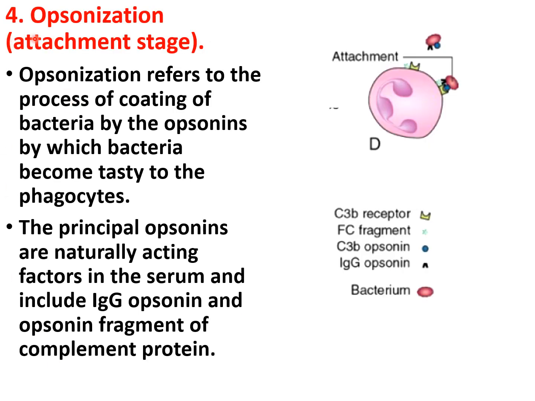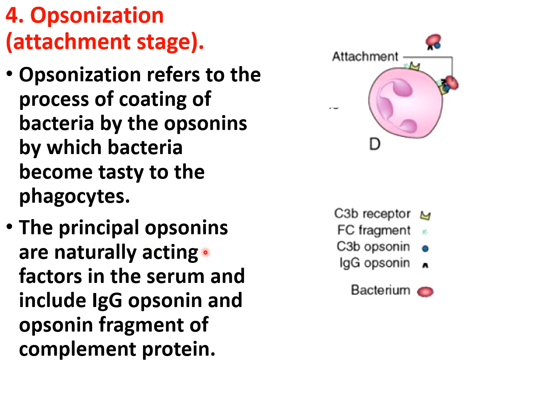Now, further stages are opsonization. Opsonization refers to the process of coating of bacteria by opsonins. So this one is bacteria. Opsonization means the process of coating of bacteria by opsonins, by which the bacteria become tasty to phagocytes.